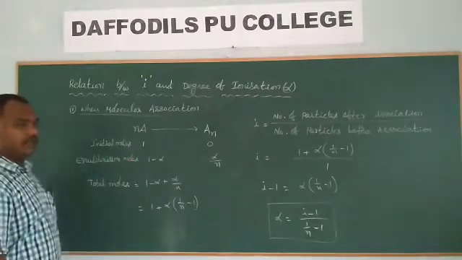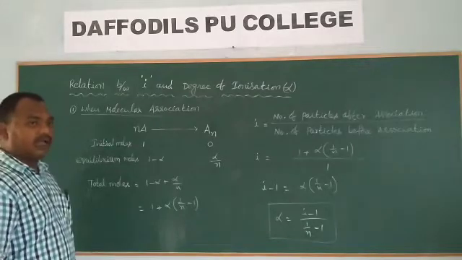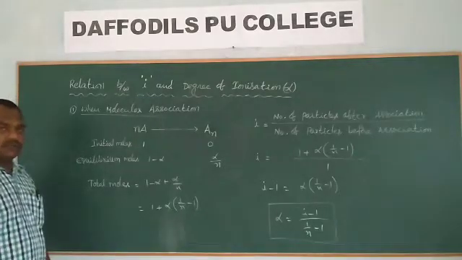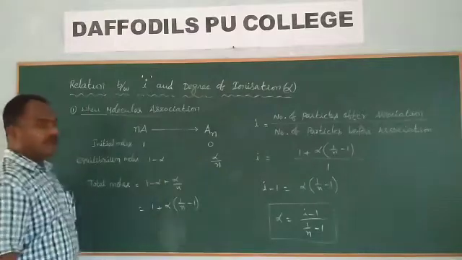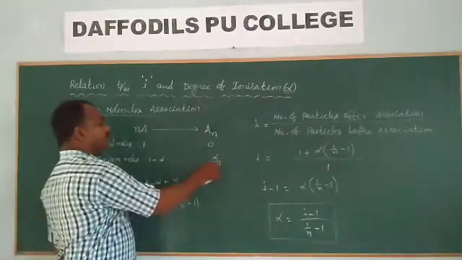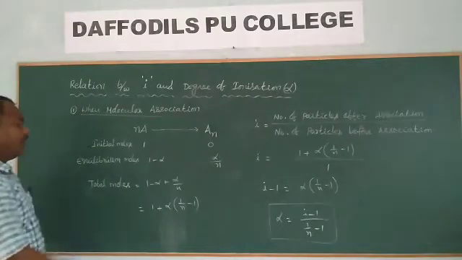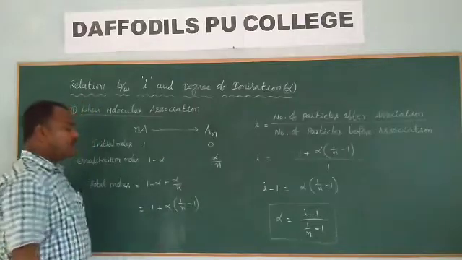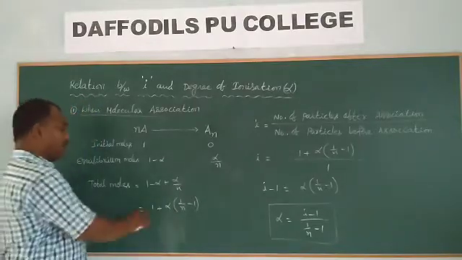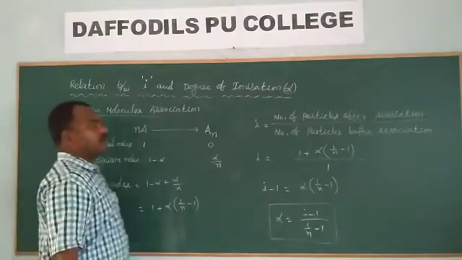At equilibrium, alpha moles undergo association. How many moles remain? 1 minus alpha will remain. How many moles of A_n will be formed? Alpha by n is formed. Total number of moles is 1 minus alpha plus alpha by n. So taking alpha as common, 1 plus alpha into (1 by n minus 1).